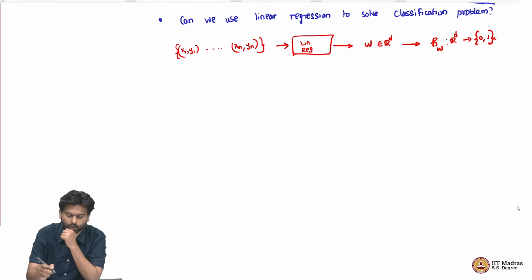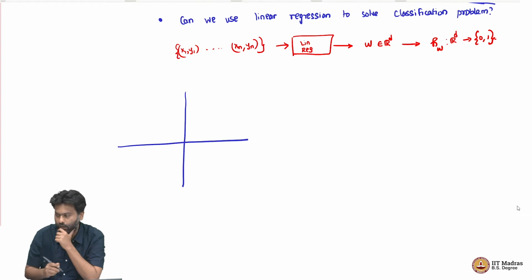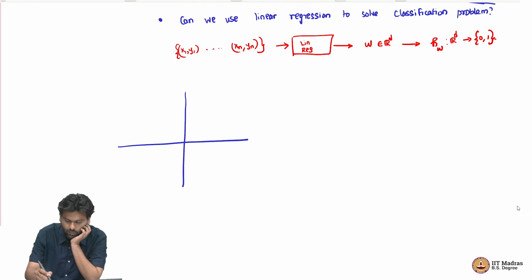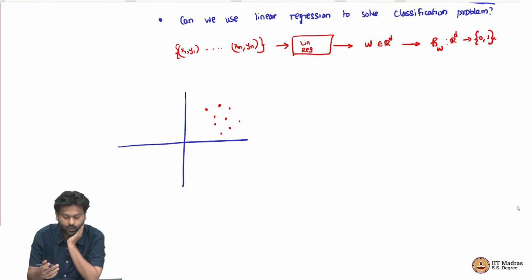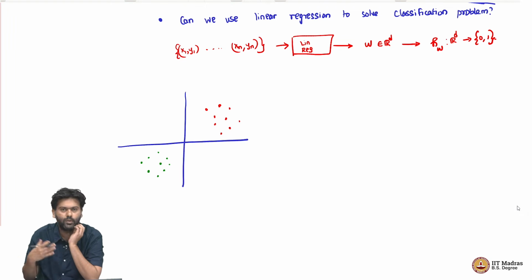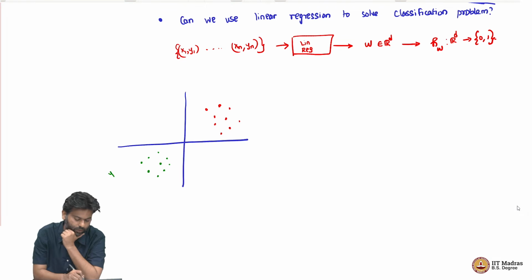Now, just to illustrate this problem, let's take this data set, right? Here is a data set which has a bunch of positive labels, which I am marking using the red dots, and let us say we have some points here which are green dots, which are negative labels, right? So, yi equal to -1 for the green points and yi equal to +1 for the red points.